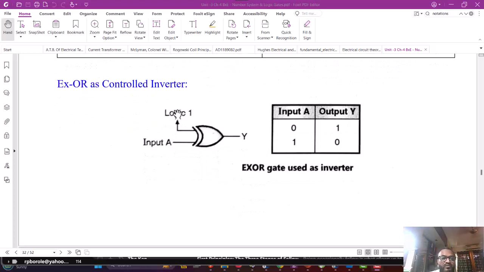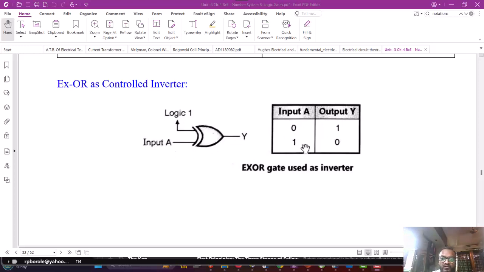Here you will see how the exclusive OR gate can be used as a controlled inverter. Let us consider that there is an input A and an output Y, whereas the other input of the exclusive OR gate is a control input. When the control input is in logic 1 state and A is equal to 0, then the output will be 1.